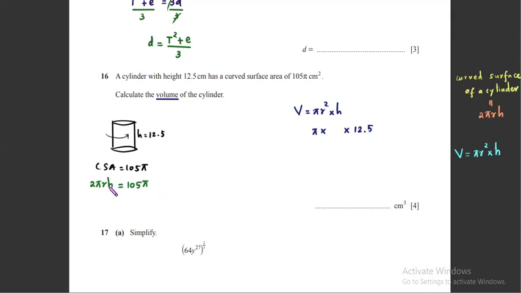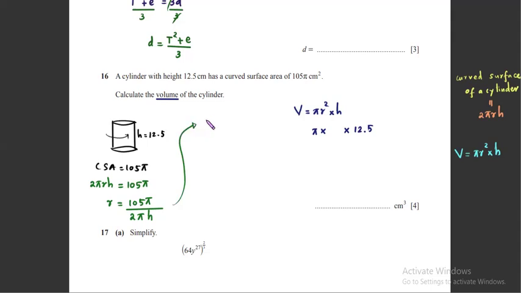We know the value of h, so we can find what r is. So I'm going to isolate r first. So r is equal to this 105 pi, and I need to bring 2 pi and h to the other side. So they are all multiplying with r. So when I take it to the other side, they will all divide the answer that we have in the other side. So 105 pi is divided by 2 pi and h.